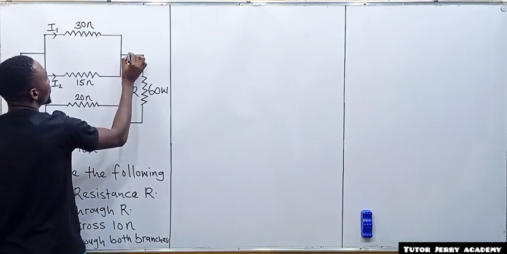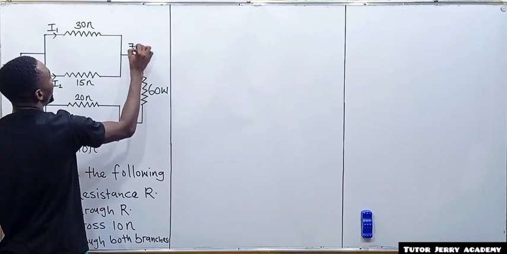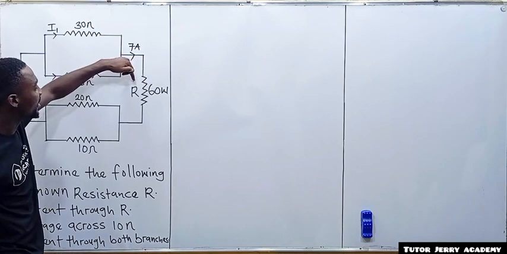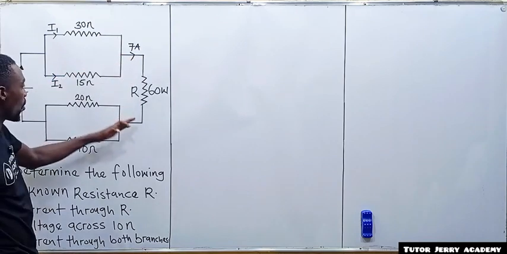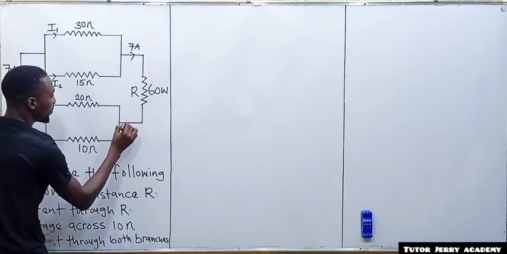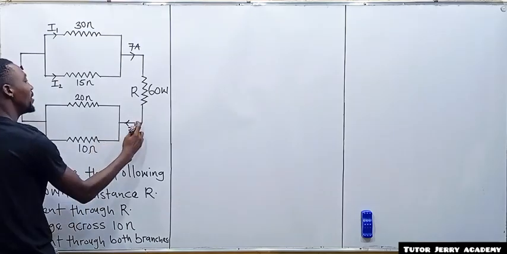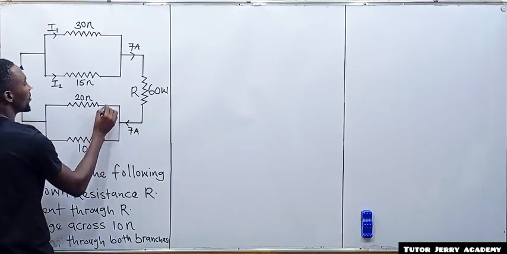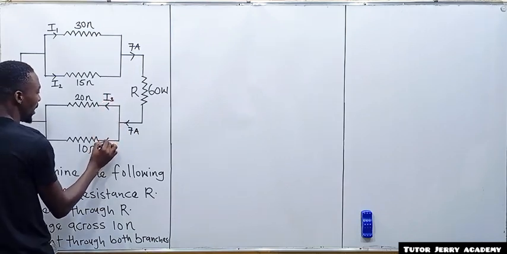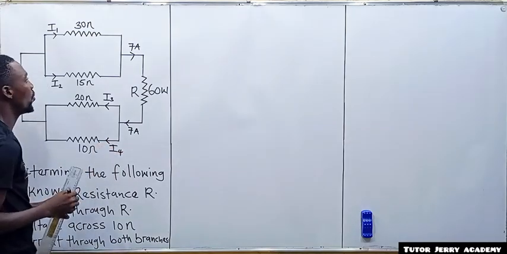So 7 ampere will still be the one entering this resistor, and it will come through and enter here, and when it enters here, it will split again. Let's say it splits into I3 and I4.